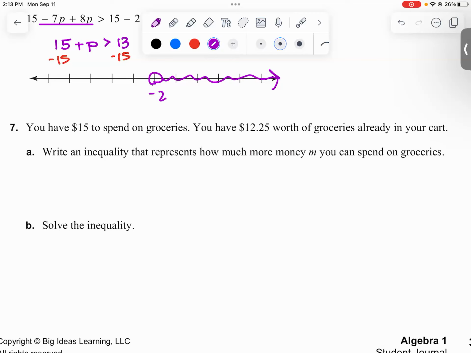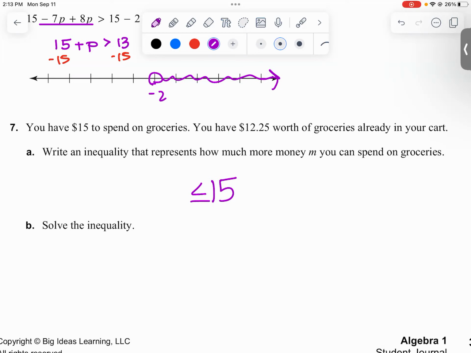So first of all, what kind of inequality sign are we going to use? Tyron? Less than. Okay, so let's compare it to 15. 15 is how much money we have, right? Do we want to spend more than 15 or less than 15? Probably don't want to spend more money than we have. Yeah. Okay.